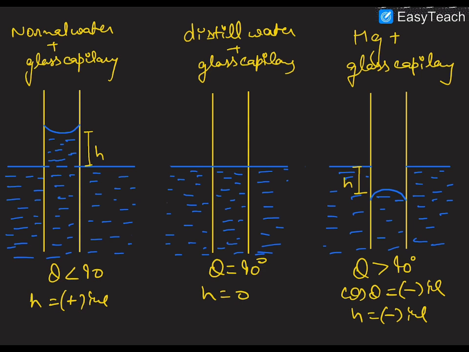This phenomenon is due to the fact that the cohesive force among the mercury molecules is much greater than the adhesive force that glass applies on the mercury molecules. So guys, that's it in this video, and in the next video we'll be discussing some more important concepts related to capillary rise. Thank you.